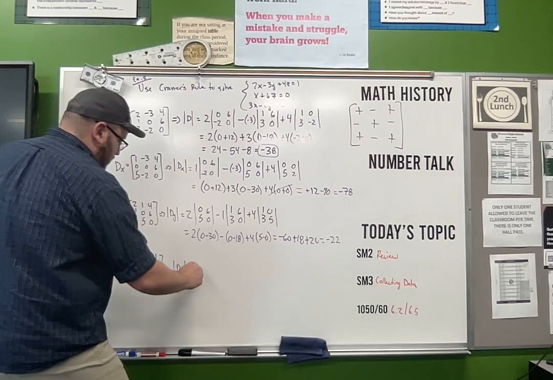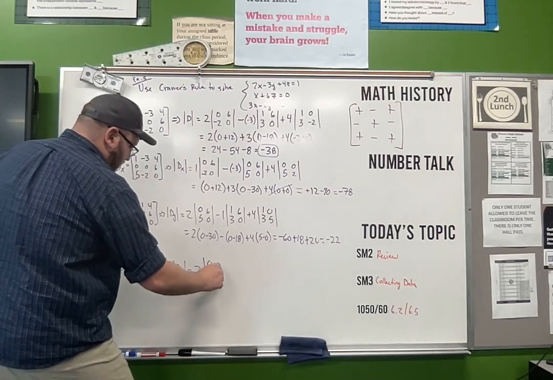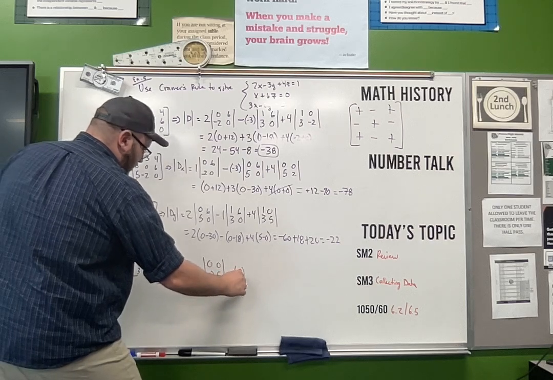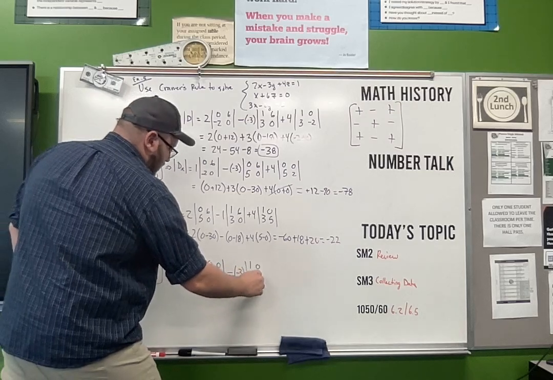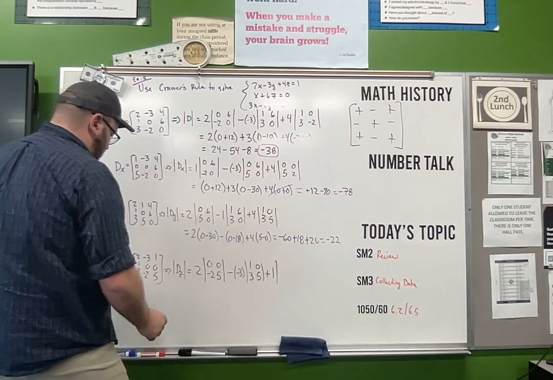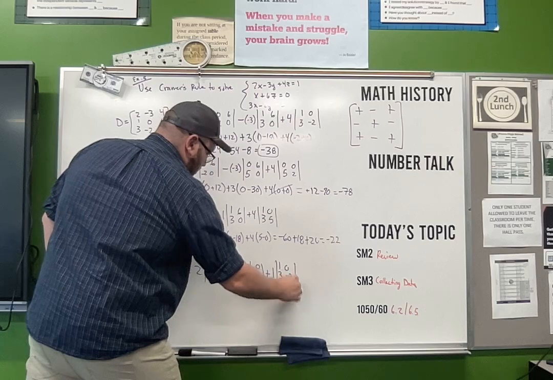So we have 2 times 0, negative 2, 0, 5, minus a negative 3 times 1, 3, 0, 5, plus 1 times 1, 3, 0, negative 2.